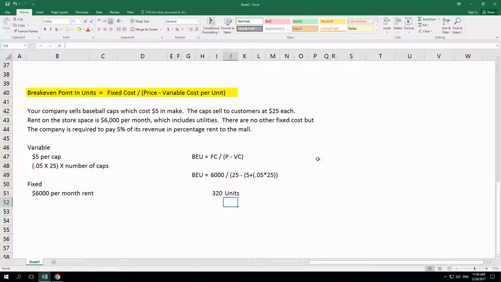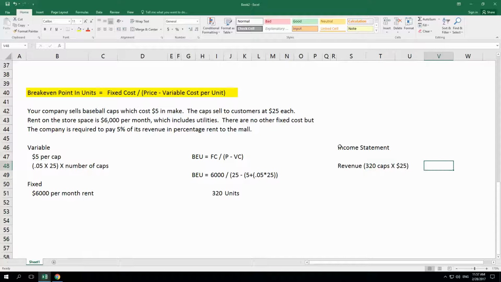So we can test that, right? If you think about your income statement, you've got revenue. In our case, our revenue would be 320 caps times $25 per cap.